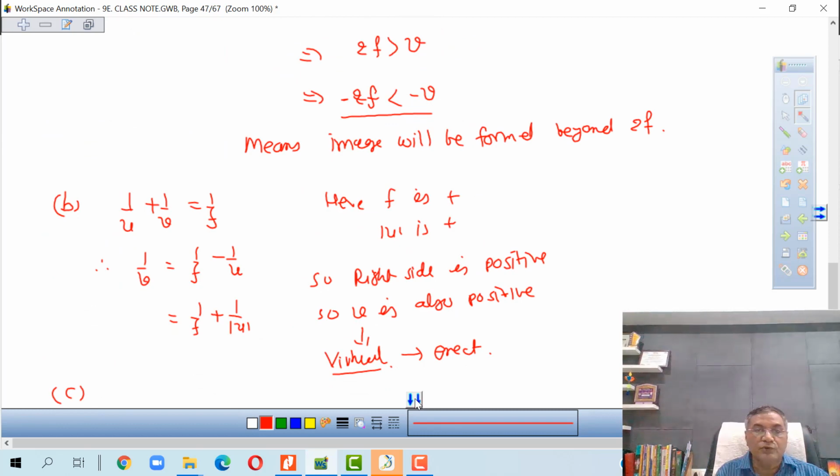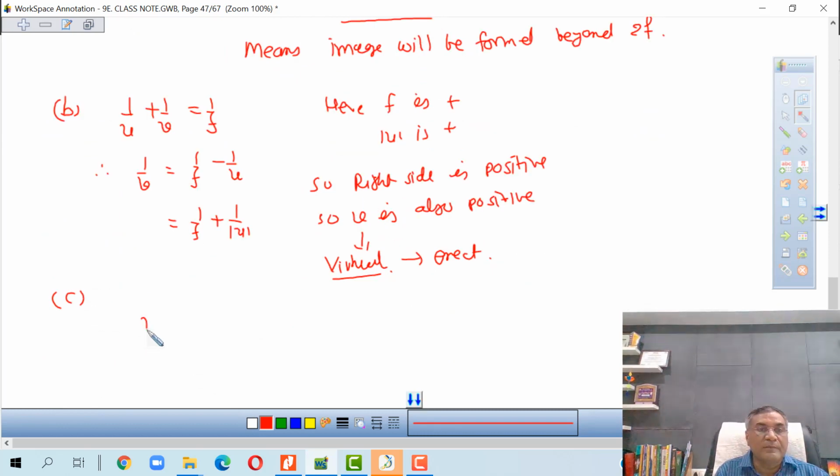Continuation much a question. So what is our formula for the magnification? m is equal to f upon f minus u. F is positive, u is negative. So this is f upon f plus magnitude of u, which is less than 1.